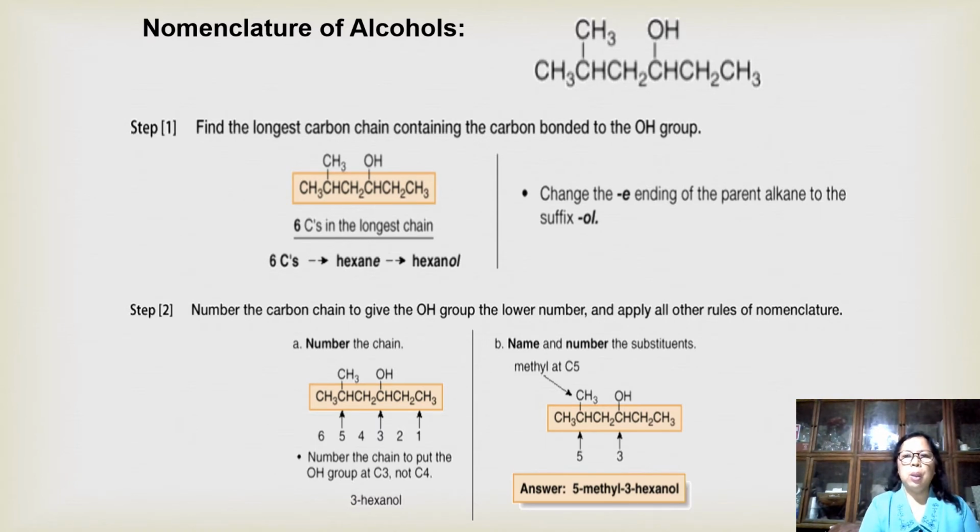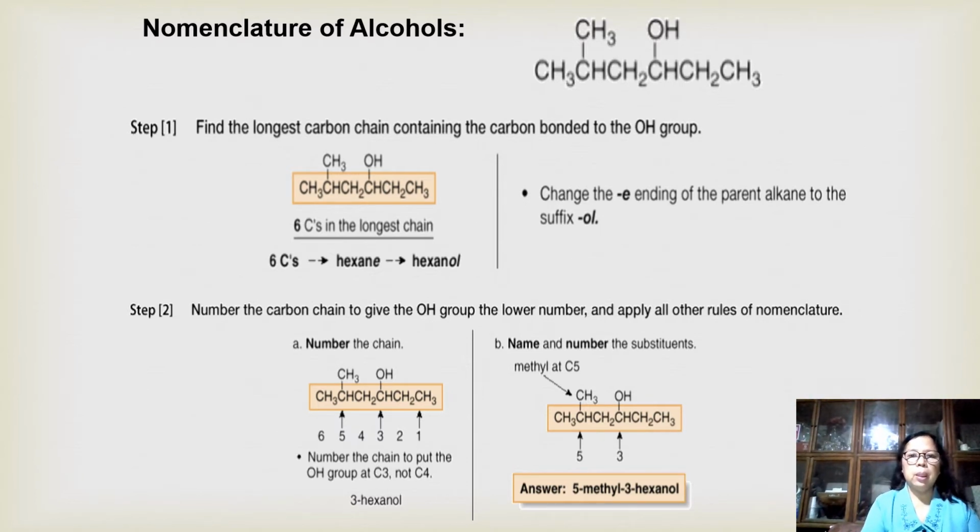And if you look, there is an OH that is attached there. So the first thing that you're going to write is the OL, implying that this is alcohol. And then you write the prefix for the longest carbon chain. Since it has 6 carbon, it is hexane. Remove the E and change it with the suffix OL. So it is hexanol.